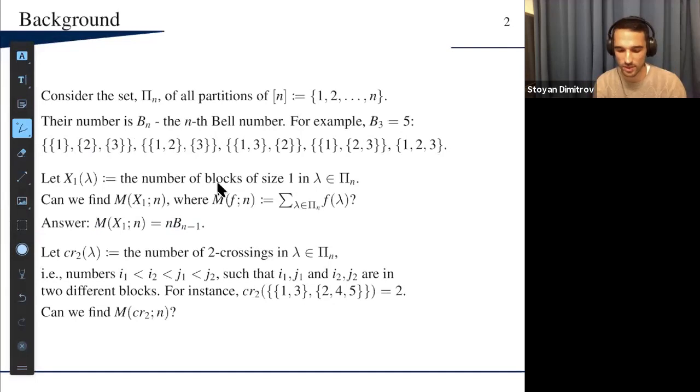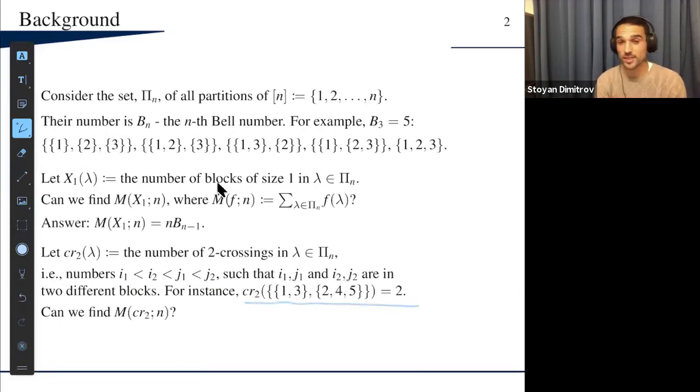This is the definition. Here is a simple example. For this set partition, we have two crossings, namely 1, 2, 3, 4 and 1, 2, 3, 5. They are basically crossing if we draw the diagram.